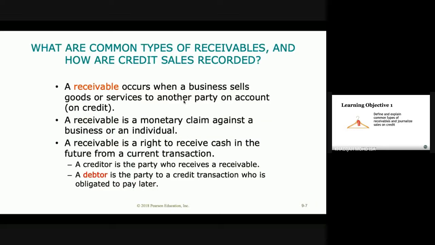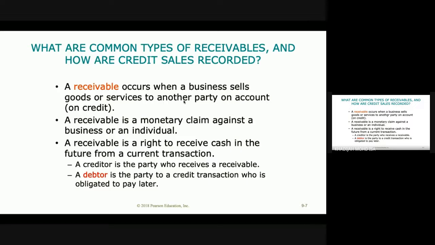So what are common types of receivable and how are credit sales recorded? A receivable occurs when a business sells goods or services to another party on account, or sometimes we call it on credit, meaning that you make sales, but the customer has not paid you; they will pay you in the future.